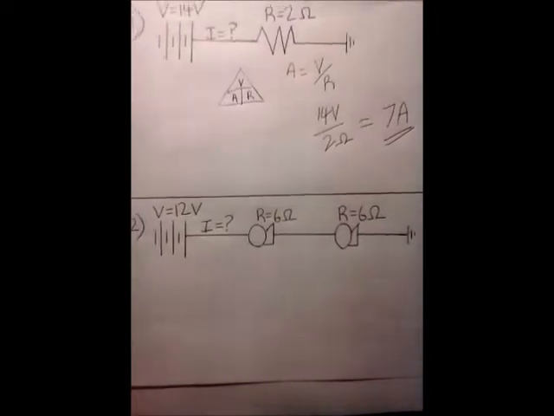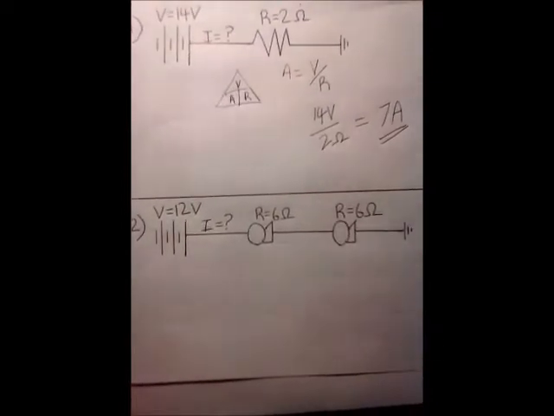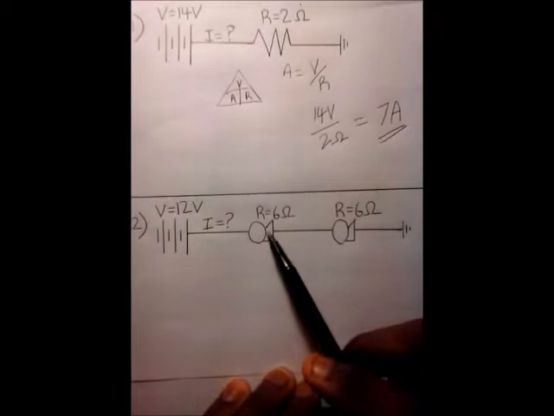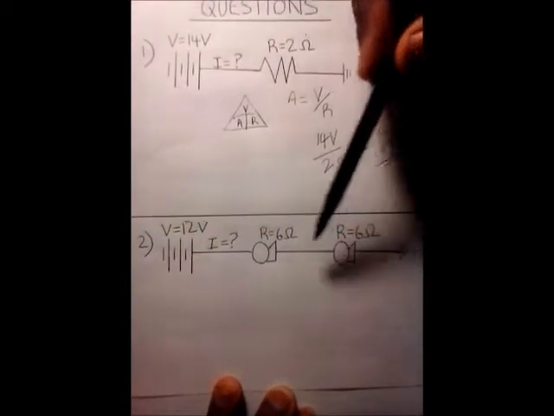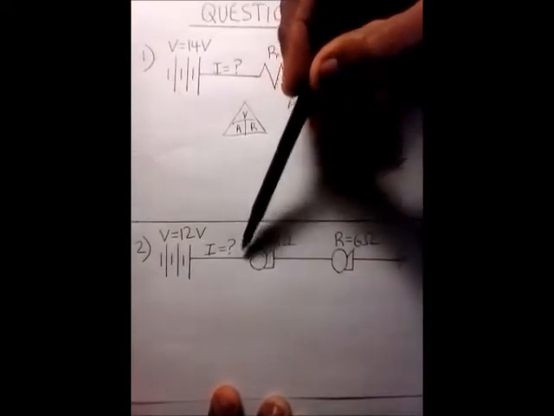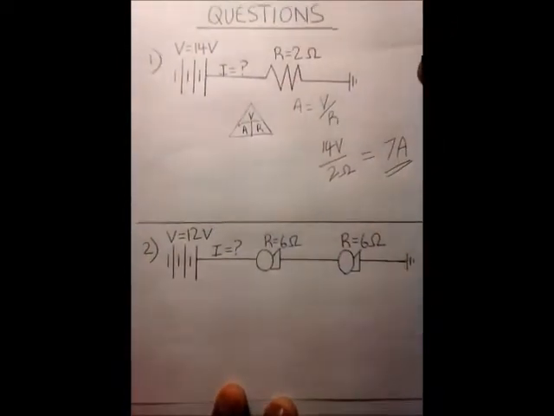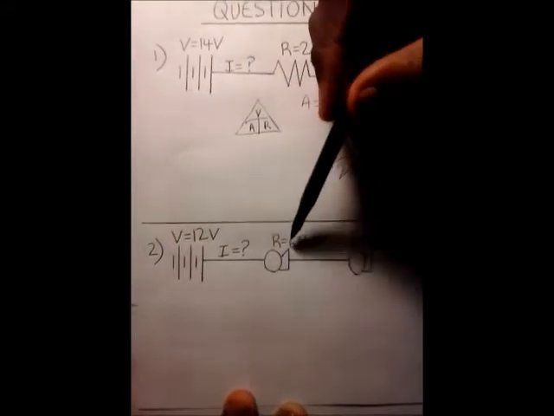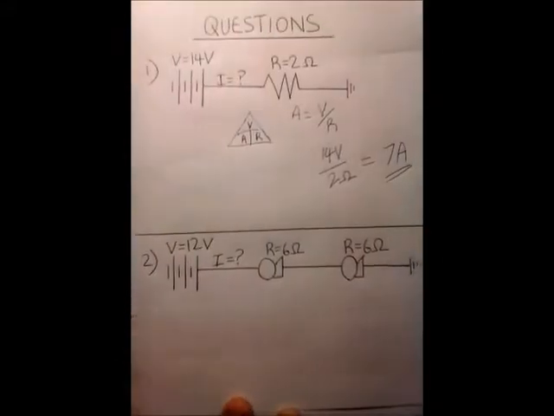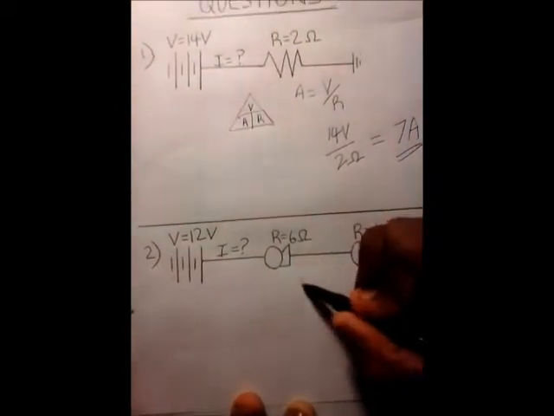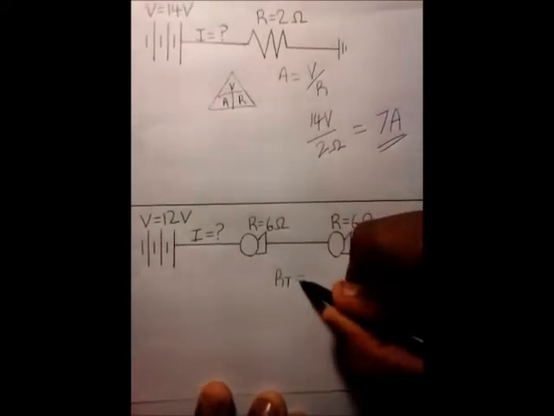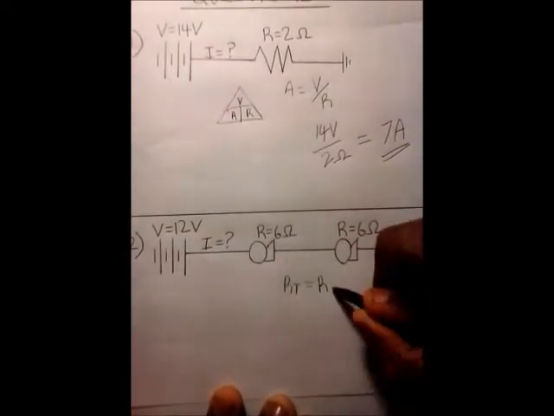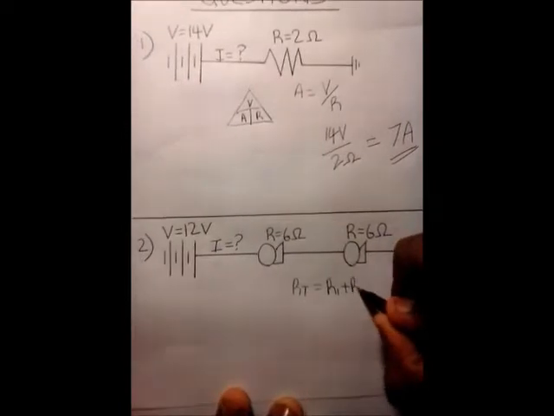This one is easy as well. Let's do this. Here we have a series circuit. So, you know that in a series circuit, if we're looking for current, current is constant. So, we're going to have to find the total resistance before we start finding current. And if you remember clearly, RT, the total resistance, equals R1 plus R2.